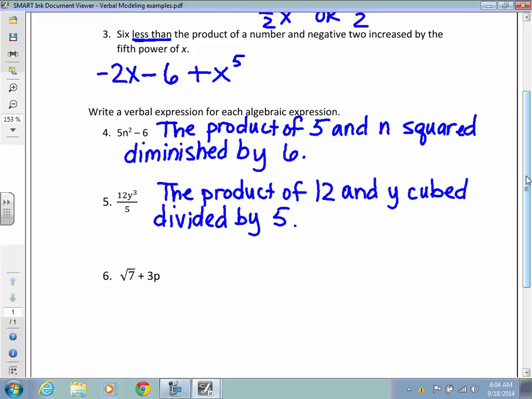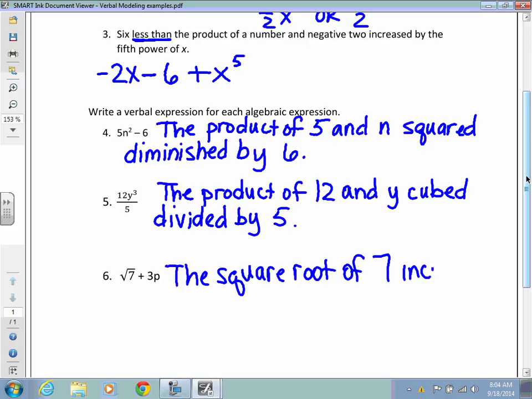When we have a radical, okay, on the outside we don't call it radical. We actually say the square root of 7, because that's exactly what it says, but you put it in words. You have to write it all out. Okay, so the square root of 7. Any word you want to insert for plus sign, so I'm going to use increased by.